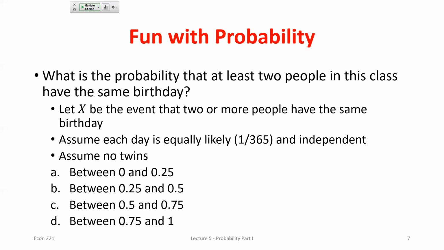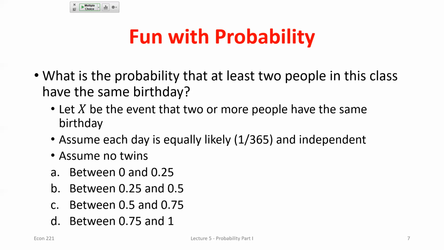Because if there was, that makes quite a difference. And we're also going to have every day be equally as likely. So the distribution, if you look at every day, are equally as likely to be born, if you're just choosing a person at random. So we're going to define X as that 2 or more people have the same birthday. So event X is that 2 or more people.